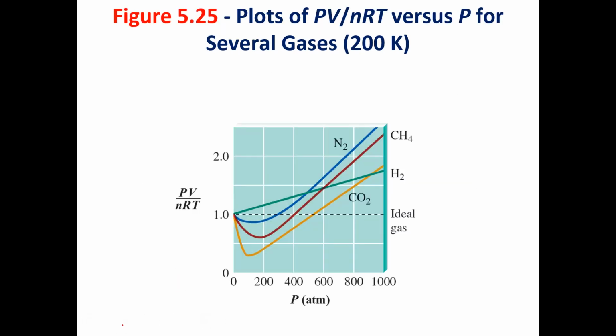To show you the deviation between real gases and ideal gases, this is a plot of PV over nRT for several different gases at various pressures. If all of these gases behaved as ideal gases, the plot should go in a straight line along 1. As you can see, they do not.